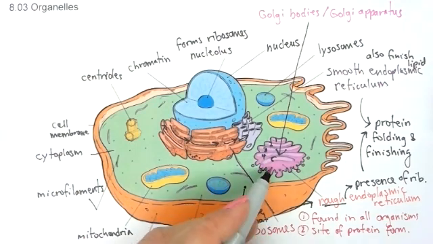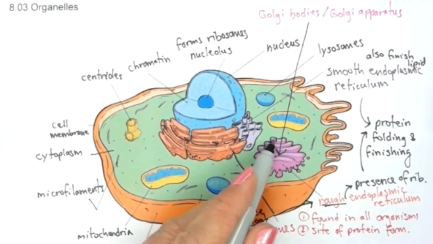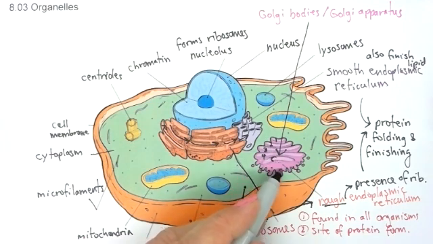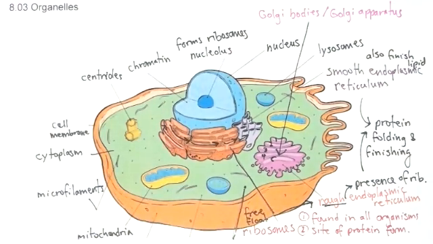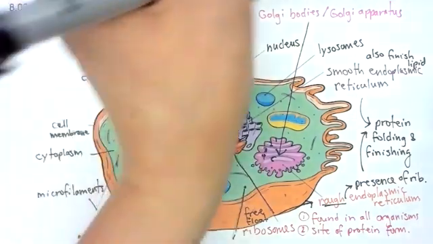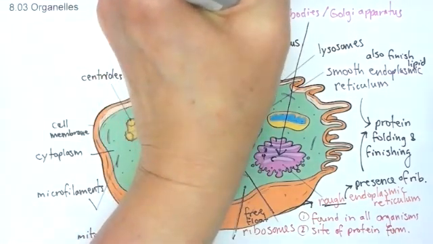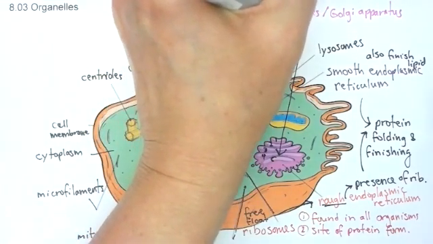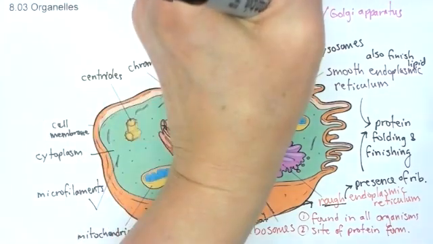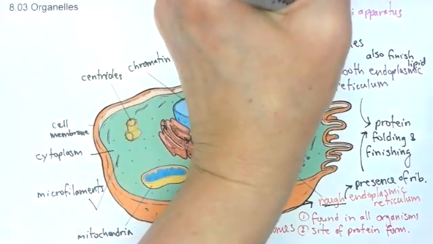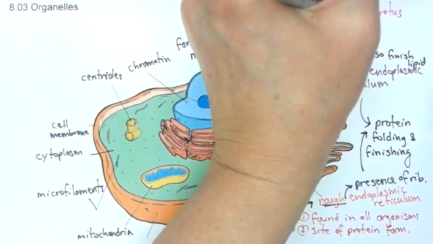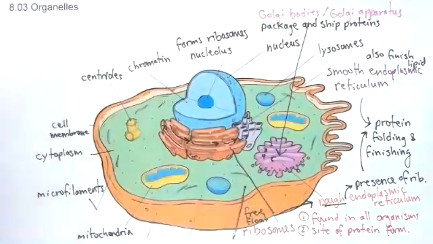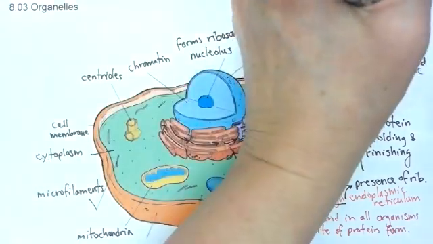You get these stacks, and the proteins then kind of, the stacks rotate, and then this top stack will come out to the edge of the cell, and it'll fuse with the membrane, and it'll release its contents through exocytosis. But the Golgi bodies, their function is to package and ship proteins out of the cell.